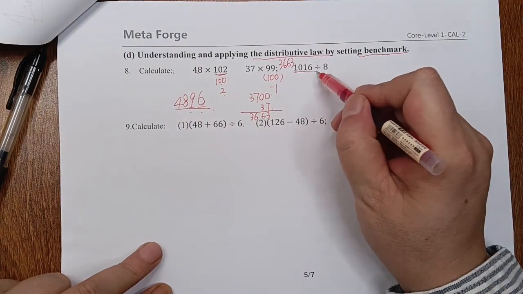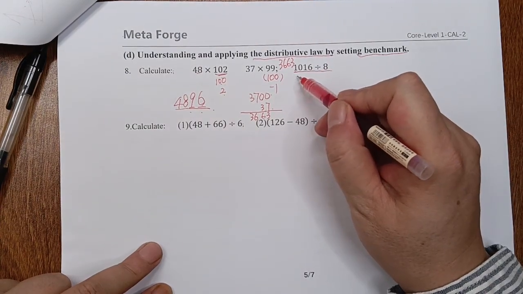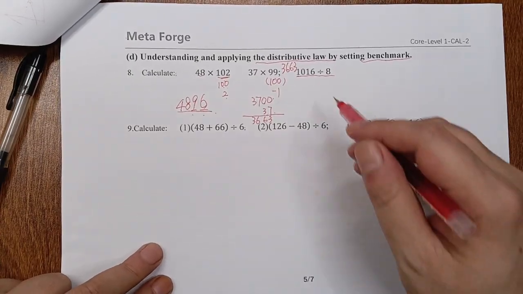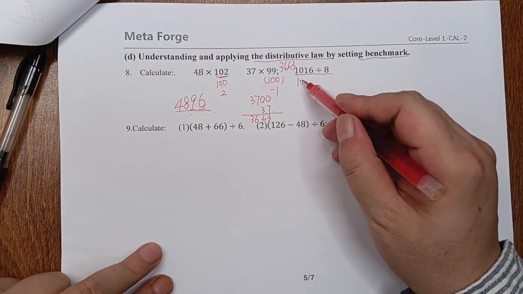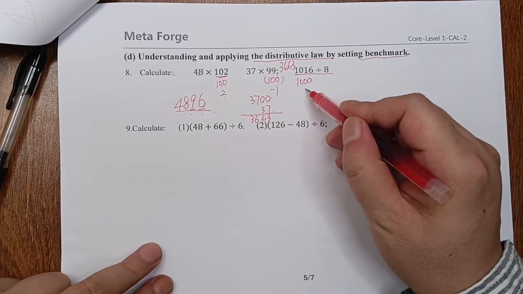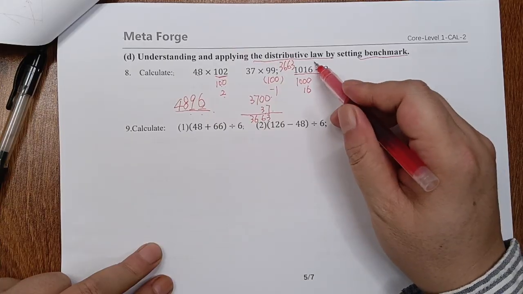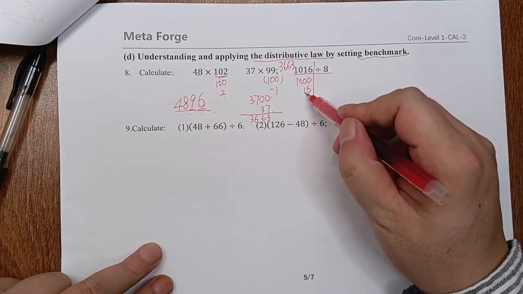How about this? Division operation. 1000 is a clean number, the benchmark, divided by 8.